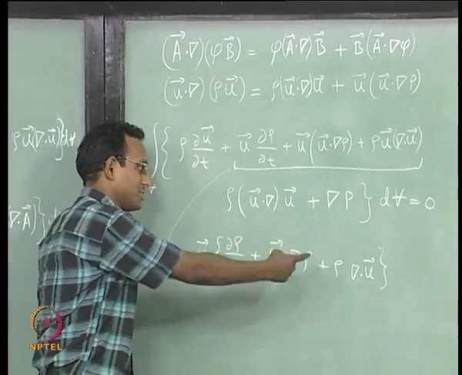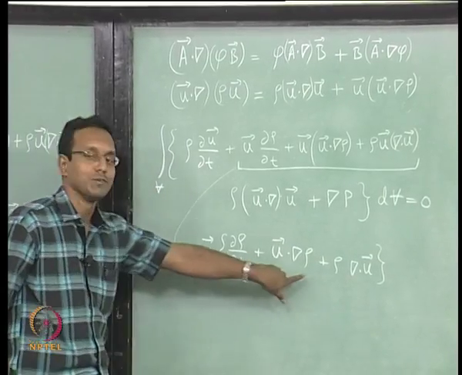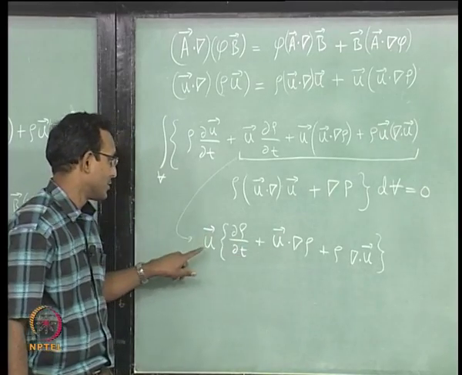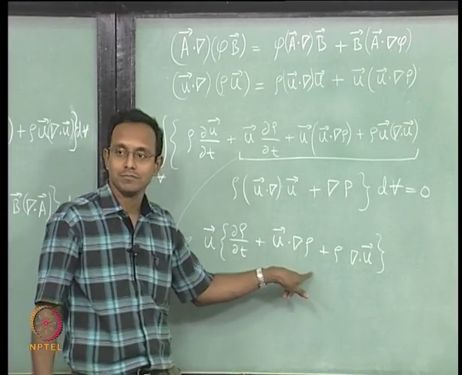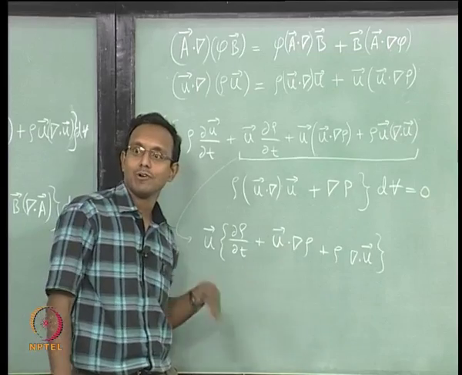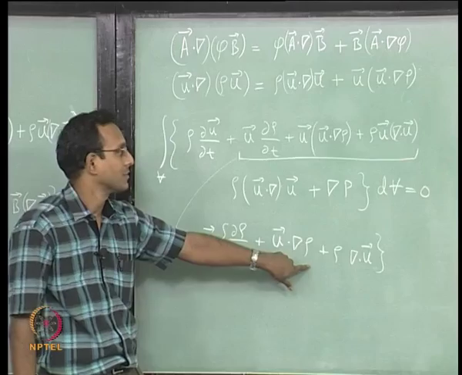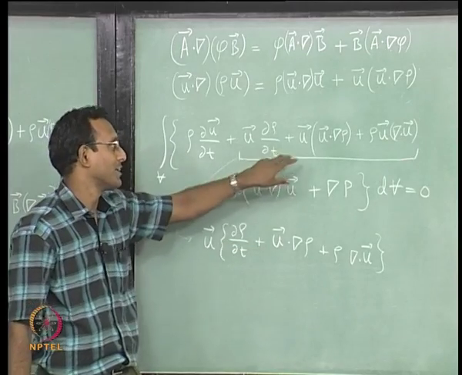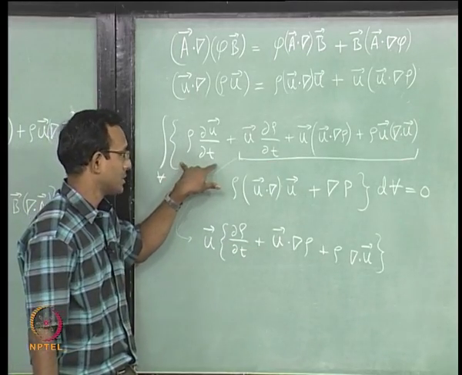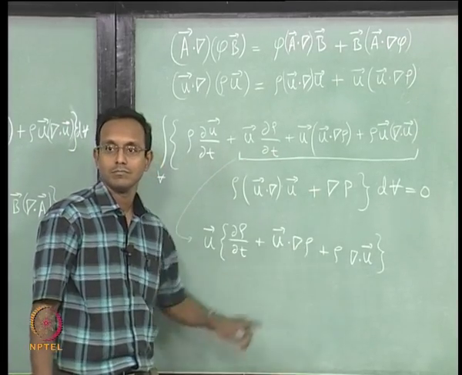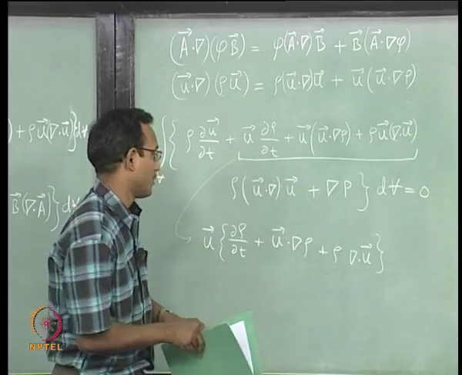Now this is just your mass equation which we just derived last class. This u vector multiplied by the mass equation, and if I say my flow is obeying the mass equation, this will automatically be 0. So my expression can be simplified to just this term plus 0 plus these 2 terms. That is what we are going to use from now on.